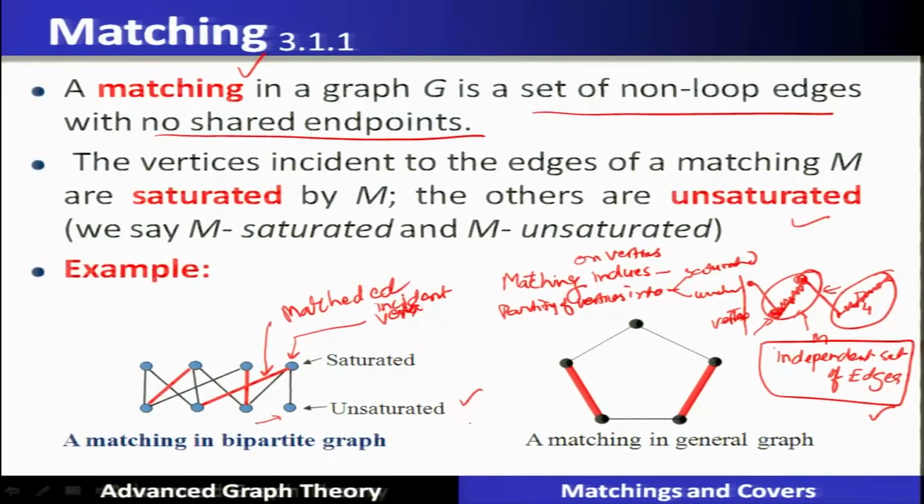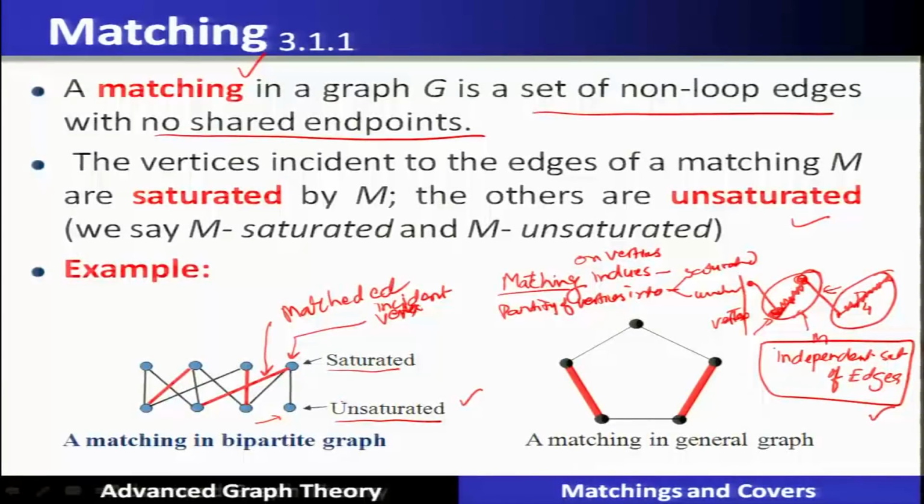If no matched edge is incident on a vertex, then that vertex is called unsaturated, and when a matched edge is incident on a vertex, that vertex is called a saturated vertex.